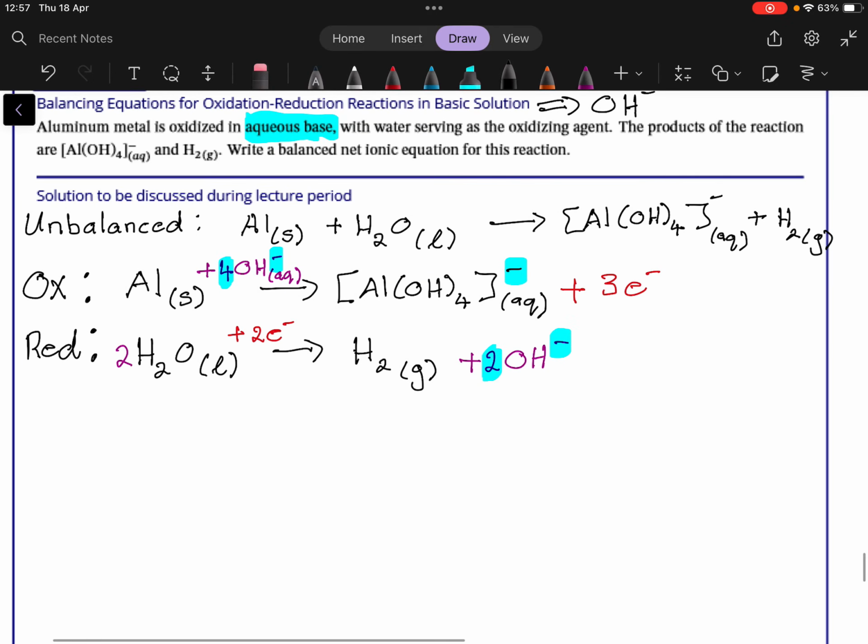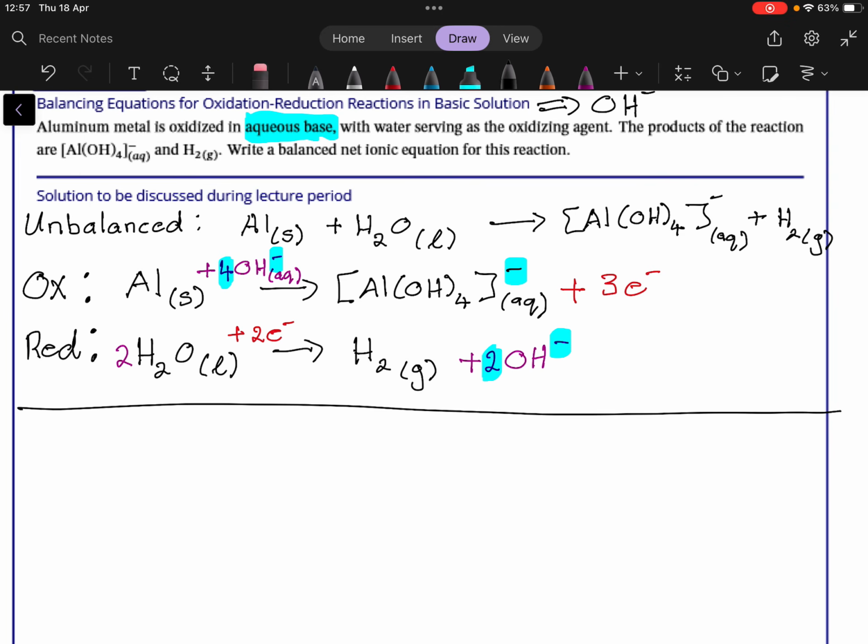Now we need to sum these two to get our overall equation. But we run into a small issue, meaning that we have 2 electrons and 3 electrons. So we need to balance the electrons in the final equation, because that's the only thing that really will need to be balanced.